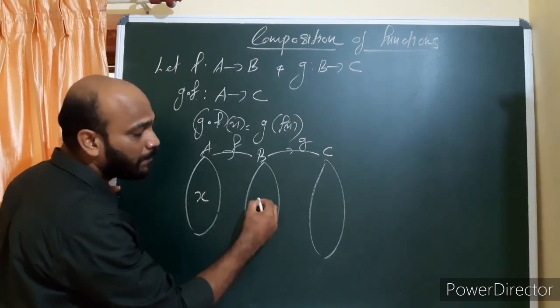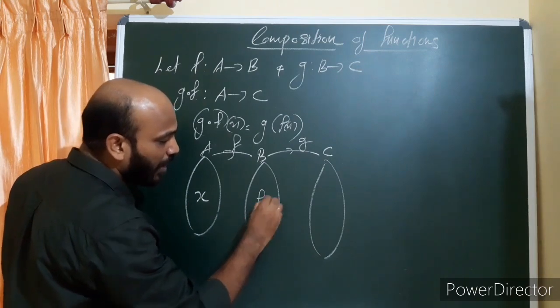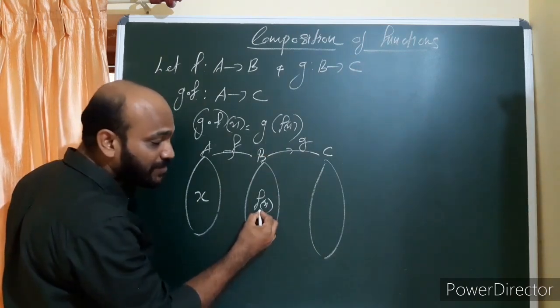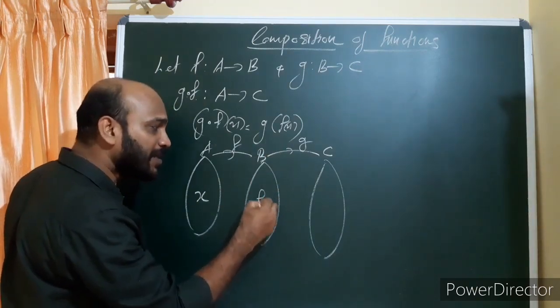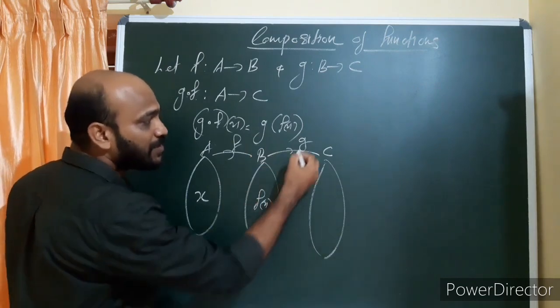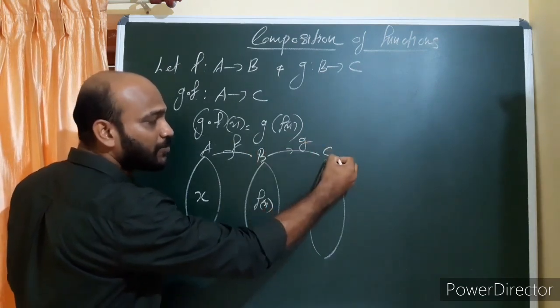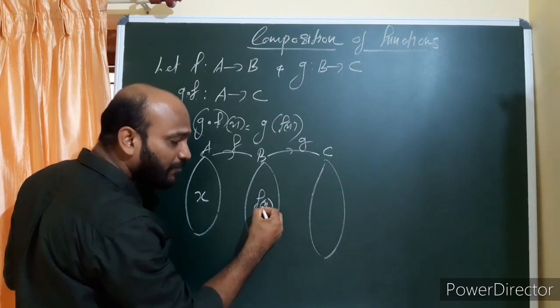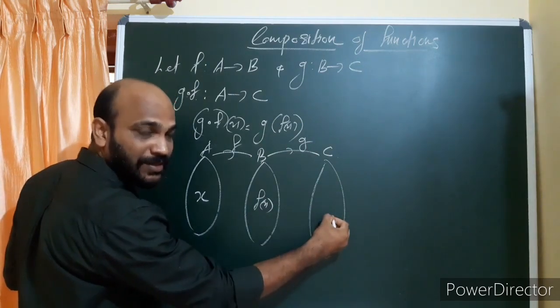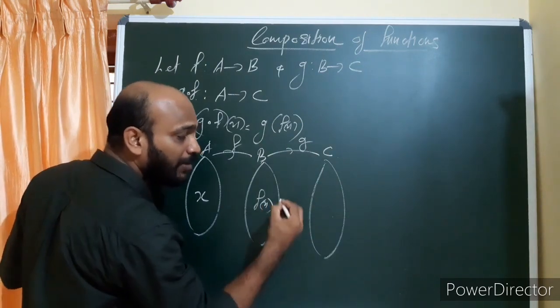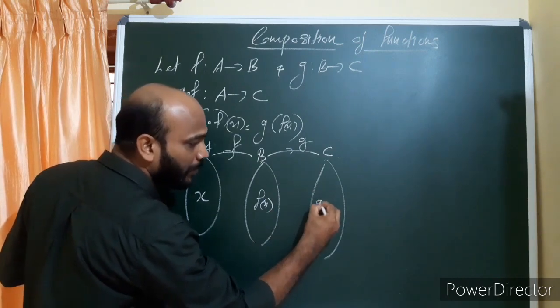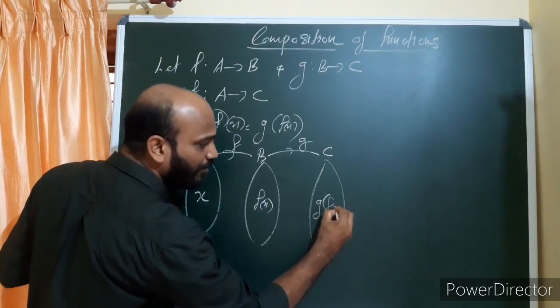Image of x will be in B. So f(x) is an element of B. Since g is a function from B to C, image of f(x) will be in C. Now what about image of f(x)? It will be g(f(x)).